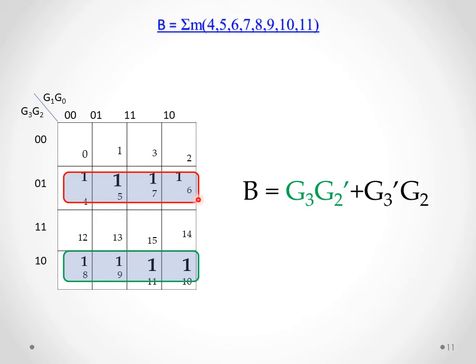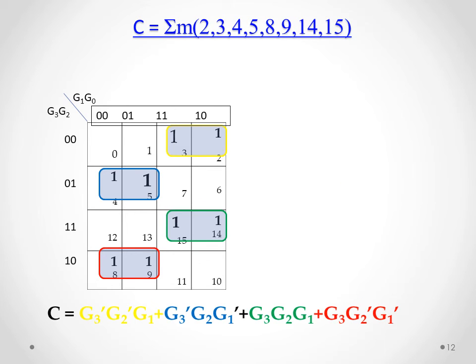These 4 ones are combined into one grouping and these 4 ones into another grouping. The expression for the first grouping is G3 G2 bar, and for the second grouping is G3 bar G2.